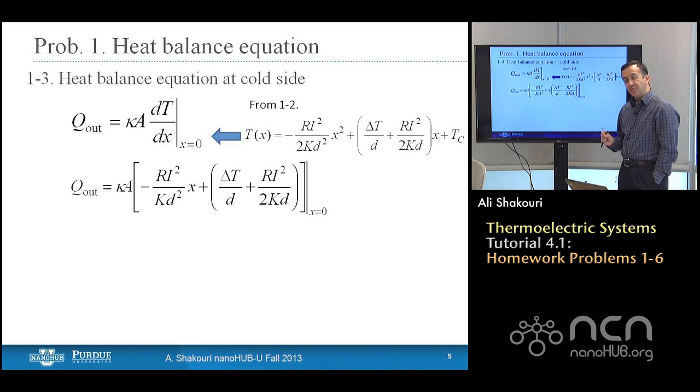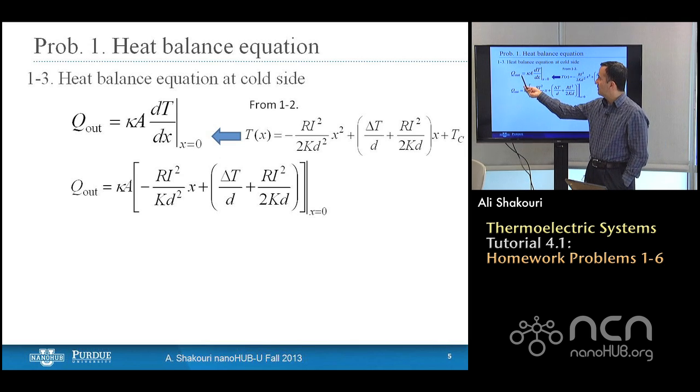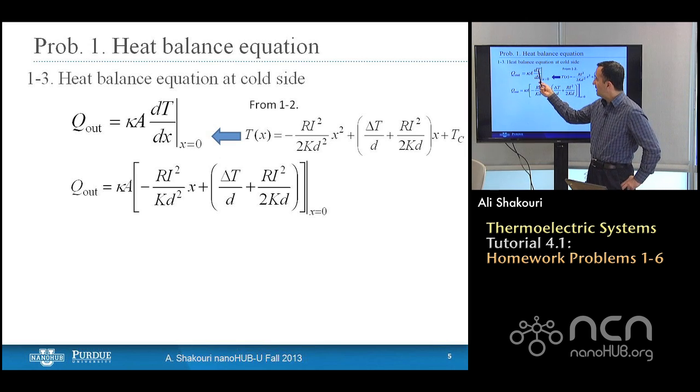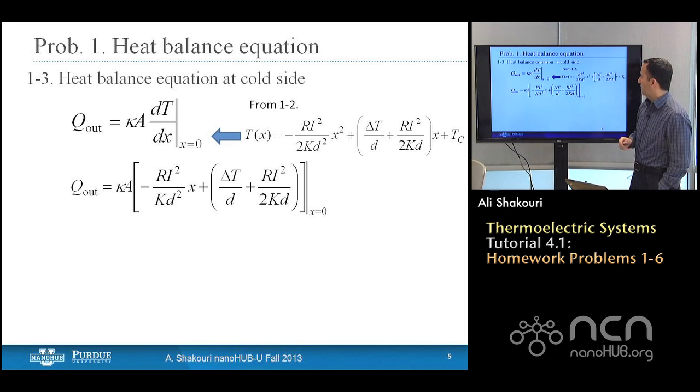Now, in order to study what happens due to Peltier cooling or heating at interfaces, we need to look at the equation for heat flux out of the thermoelectric element due to what is happening inside of it. The heat flux per unit area is the derivative of temperature with respect to x at that position multiplied by thermal conductivity.